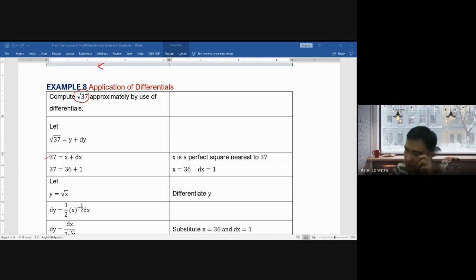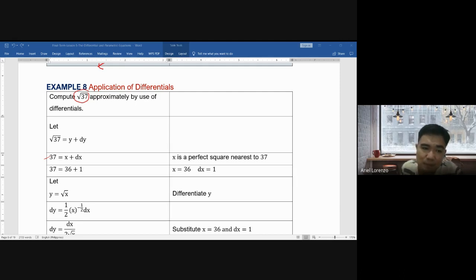Which is 36, di ba? Kasi square root of 36 is 6. So siya yung pinakamalapit kay 37. Nakuha nyo? A perfect square number na pinakamalapit dun sa given. Therefore, class, ang x mo dyan ay 36.